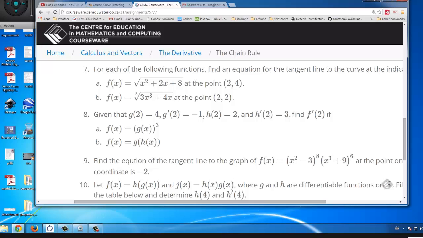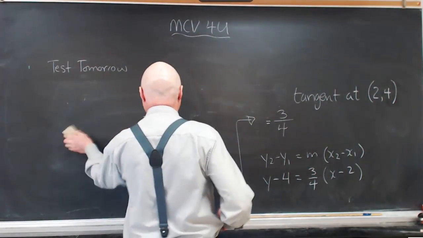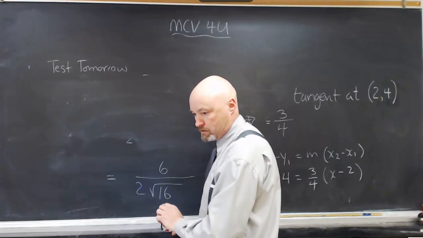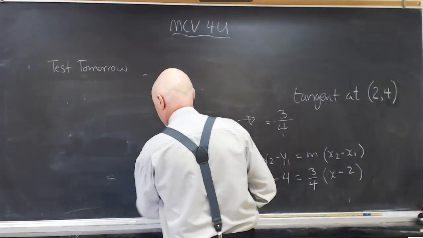Tell me what you get when you take the derivative of g at x to the exponent 3 using the chain rule. Sorry, Luke, can you see that, or do you need it? No, I remember what it was.